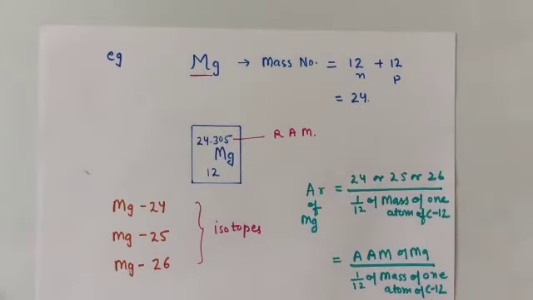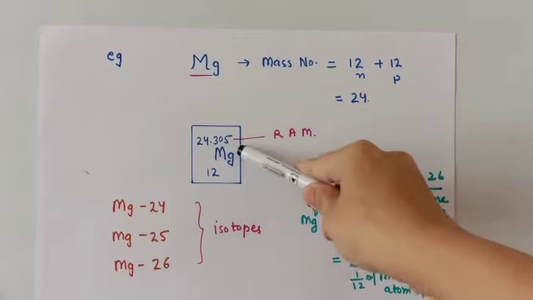What is this? Do you know why? Because this is a relative atomic mass. It will be slightly different from the mass number you calculated by adding the number of neutrons and the number of protons. So how does this number come?